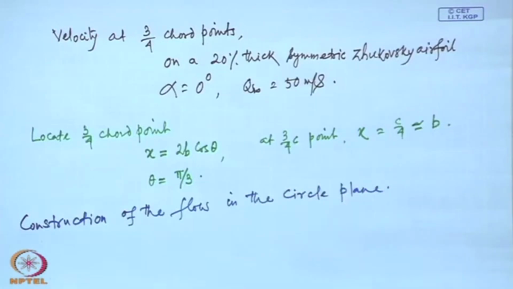What do we need to find? We need to find the doublet strength and the circulation. For doublet strength, we need the radius of the circle. How much is the radius of the circle?